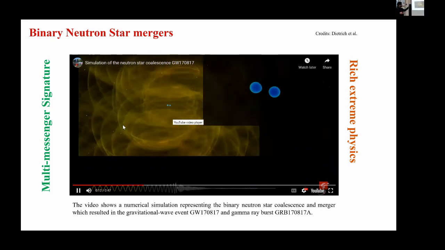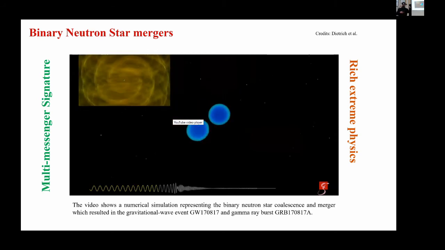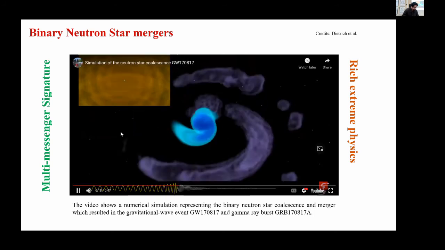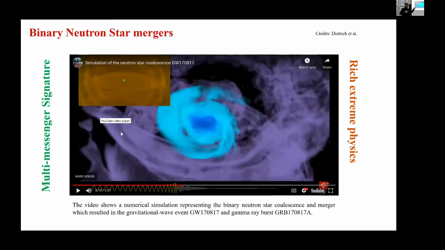And here the neutron stars are asymmetric, so they have masses of 1.55 and 1.22 solar masses. And once the system merges, then it also produces ejecta, some unbound material. And here in this movie, it's shown in the purple color. And this ejecta is the source for the kilonova that was detected during this merger.